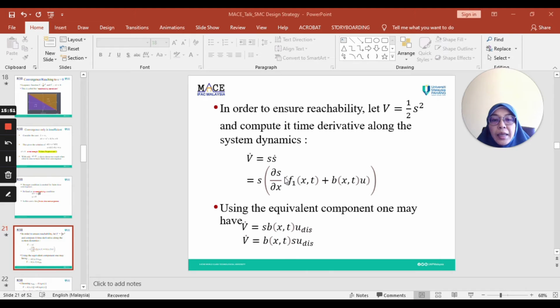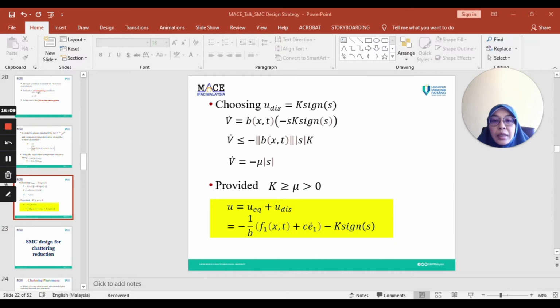We take the derivative of the equation that I showed you previously, and from this we can have our equivalent component. Then we choose our discontinuous control, or switching control, as a constant rate: K sign of S, with a minus in front.